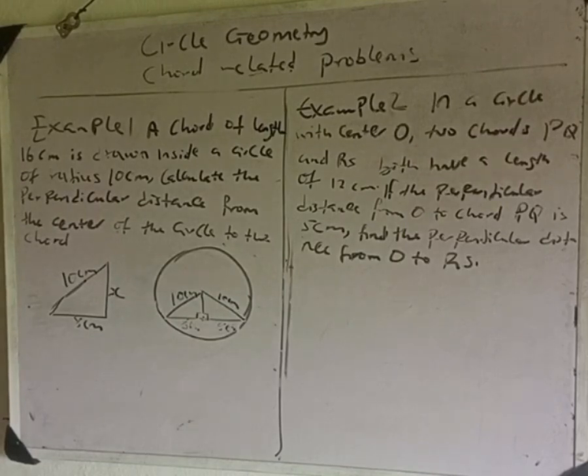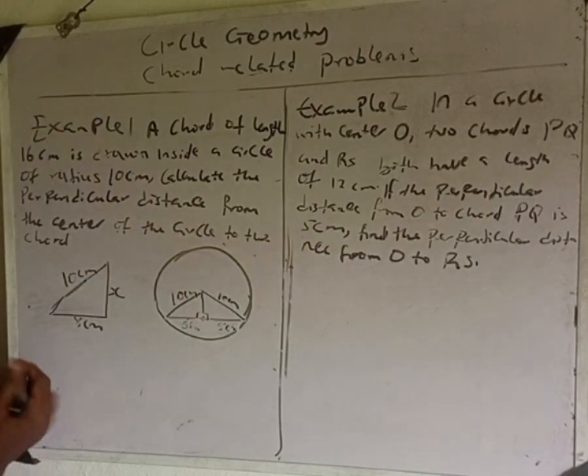That's one easy way to solve it. For those of you that have idea of cosine rule, you can also use cosine rule to solve it. But we are going to be using Pythagoras to solve it. Is that okay?